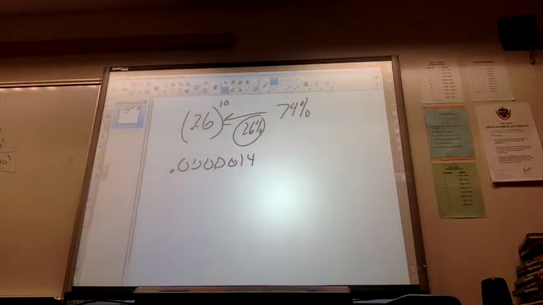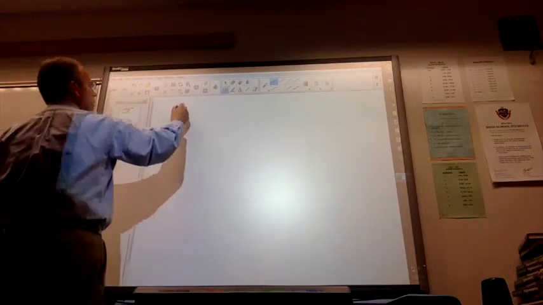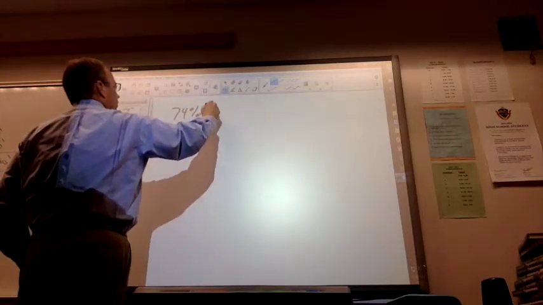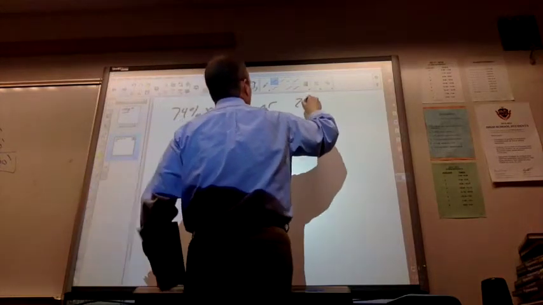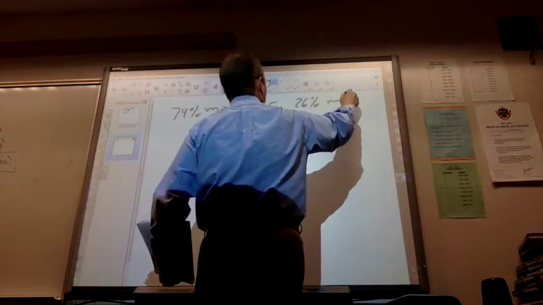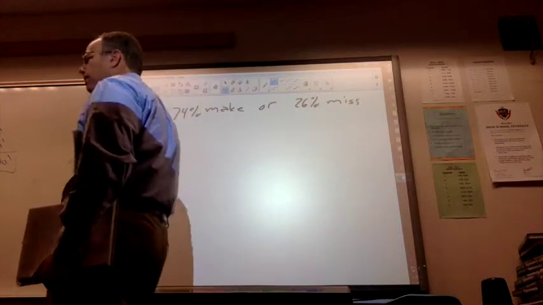LeBron will either make his next 3 or miss his next 3 free throws. He will either make or miss. Ideas? Wait, wouldn't it be 100% because he can only make or miss a shot?